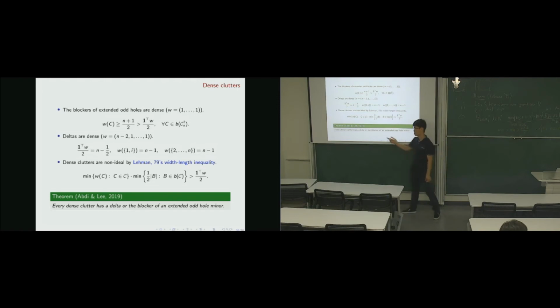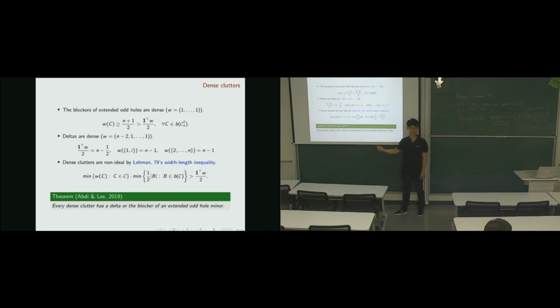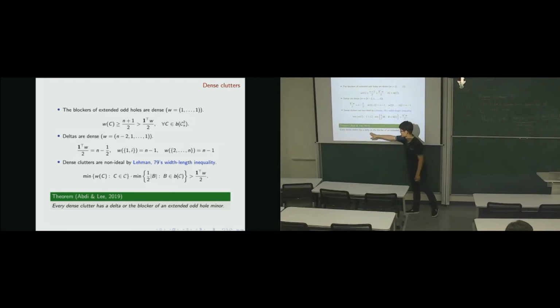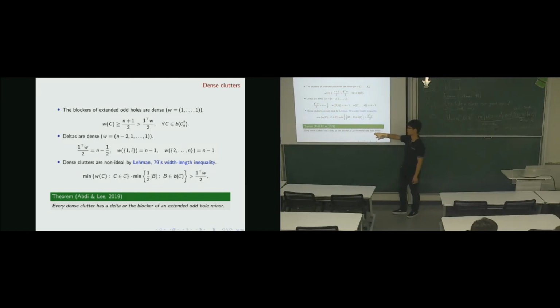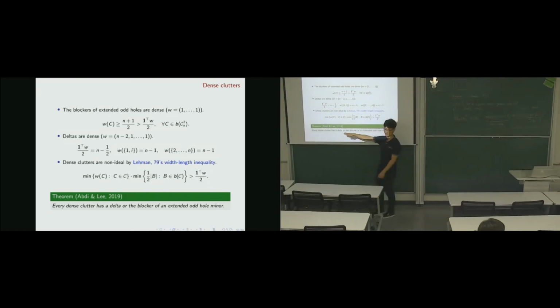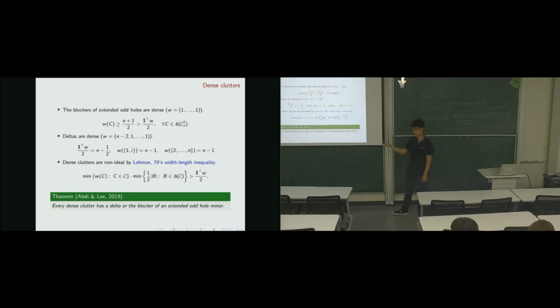So if you have a non-ideal minor, then that will mean that the original clutter is non-ideal. So because I know that a delta and the blocker of an extended odd hole are non-ideal, dense clutters are also non-ideal. I also gave you minor characterizations for that thing. Okay. Any question? Great.